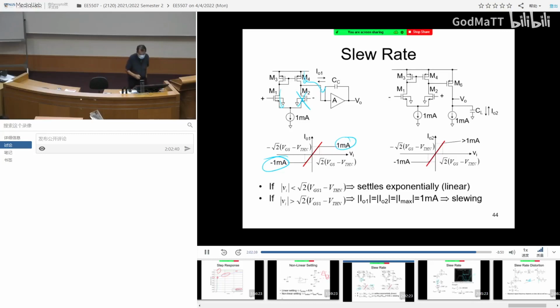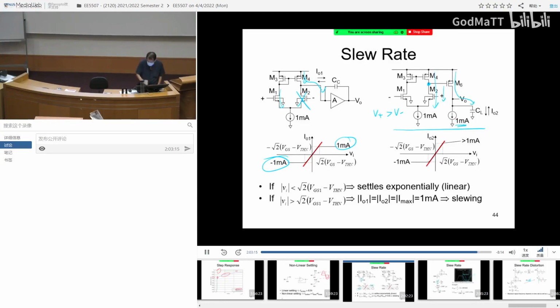Understandable? Now when you have a two-stage amplifier like this, let's take a look. If my V plus is bigger than V negative, let's see what happens. You are going to have all the current flowing here, so this voltage is going to go down. If this voltage goes down, you are going to have bigger current going here.